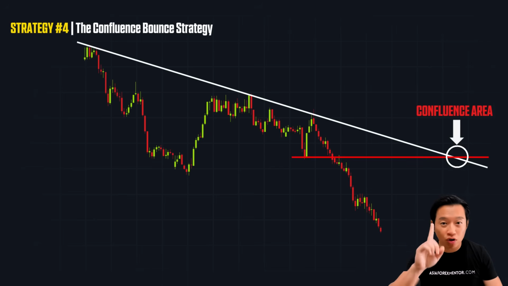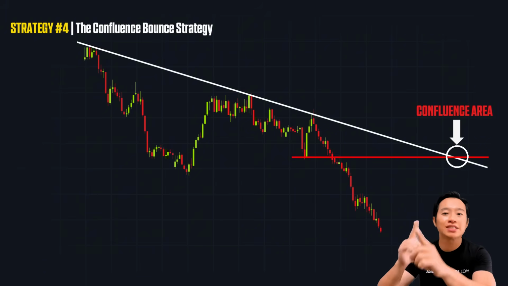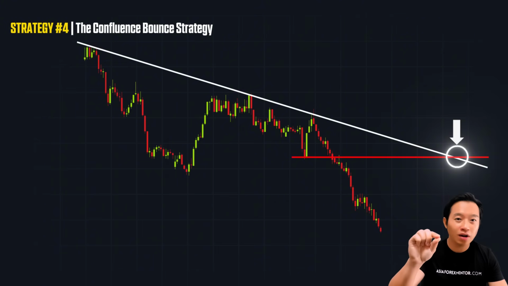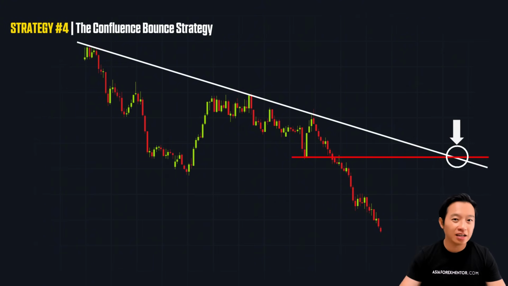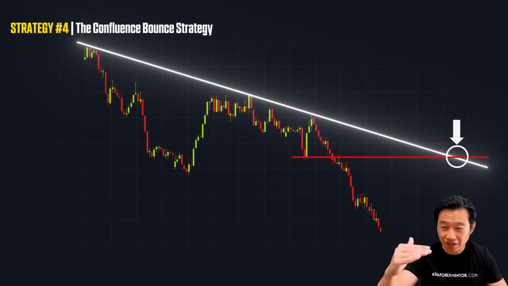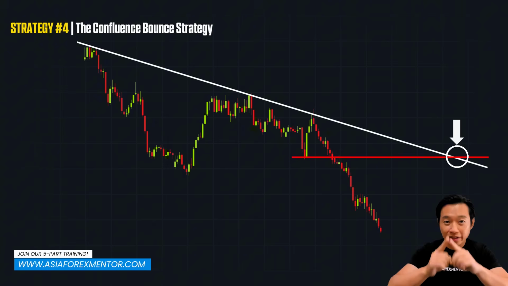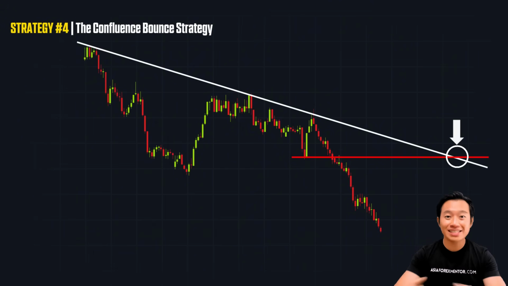It bounces because multiple forces meet at the same place. This is what I call the Confluence Bounce Strategy. So you combine trend lines with structure, support and resistance, and price action confirmation, to enter only when the odds are stacked in your favor.